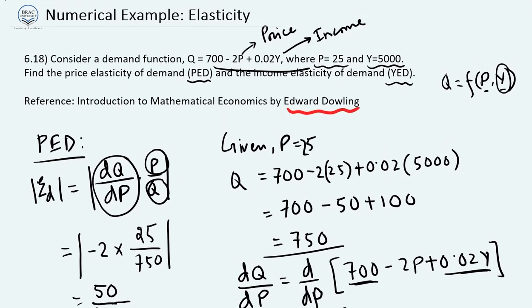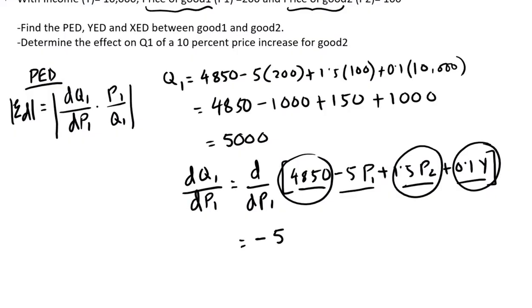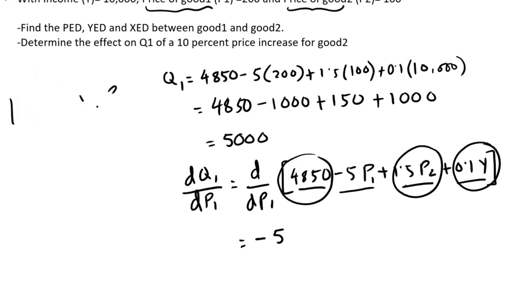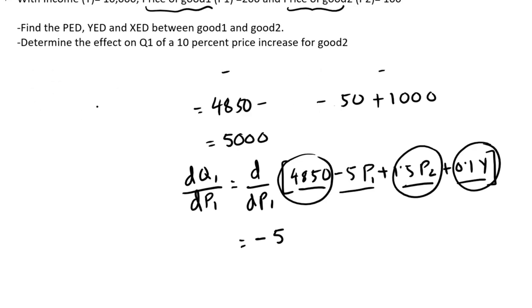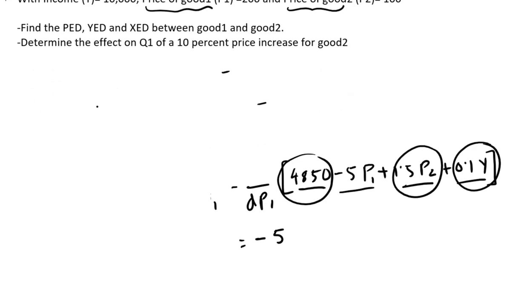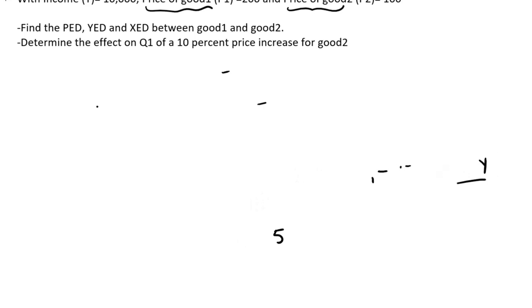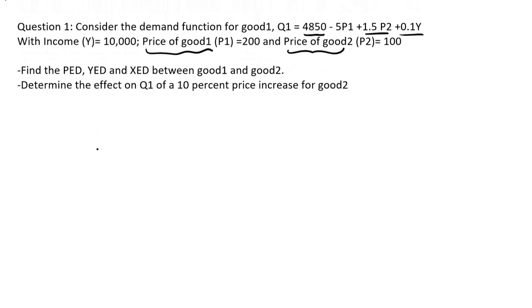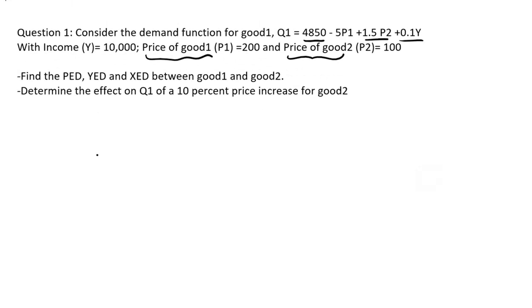Now let's take a different example. Not different, it's a bit more complex example. So in this example, we have two goods, and the prices of two goods are given.